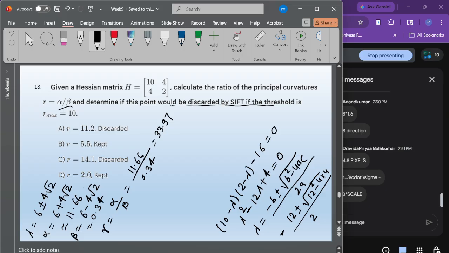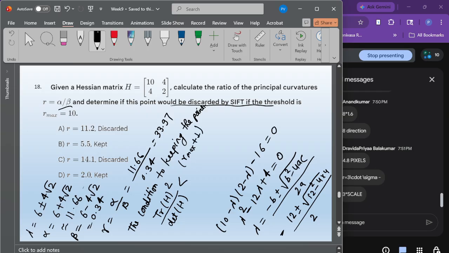The condition for keeping the point is that the trace of H square divided by the determinant of the Hessian matrix must be less than or equal to (R max plus 1) whole square divided by R max.